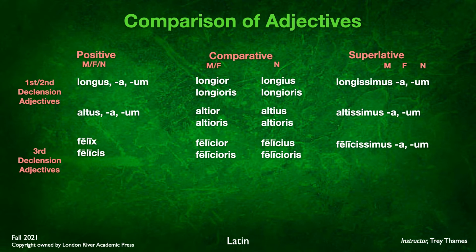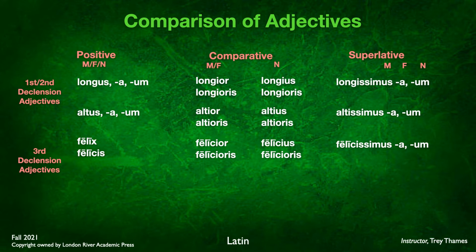For comparative neuter, again, felic-, the stem there, plus -ius, so felicius, felicioris. We go back to the -ior for the genitive and following cases, felicioris. And of course, for the superlative, we take that stem, felic-, and we add -issimus, -a, -um, felicissimus, -a, -um. That's a hard word to say.